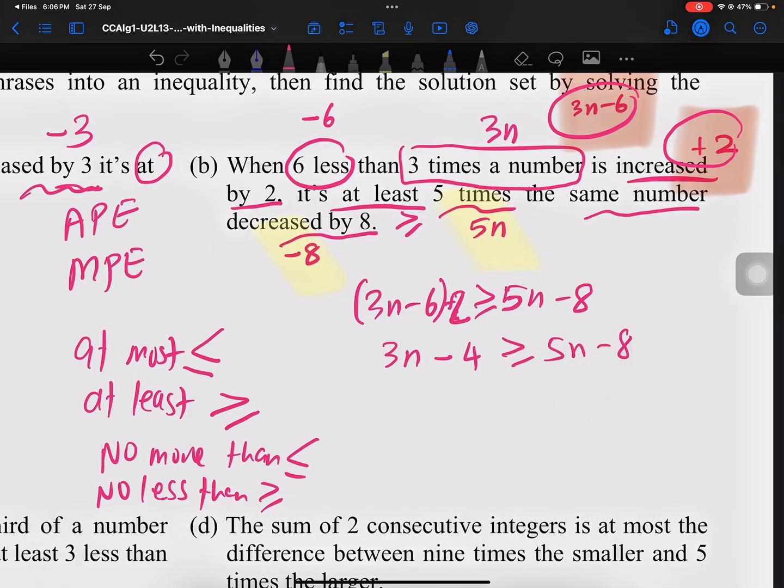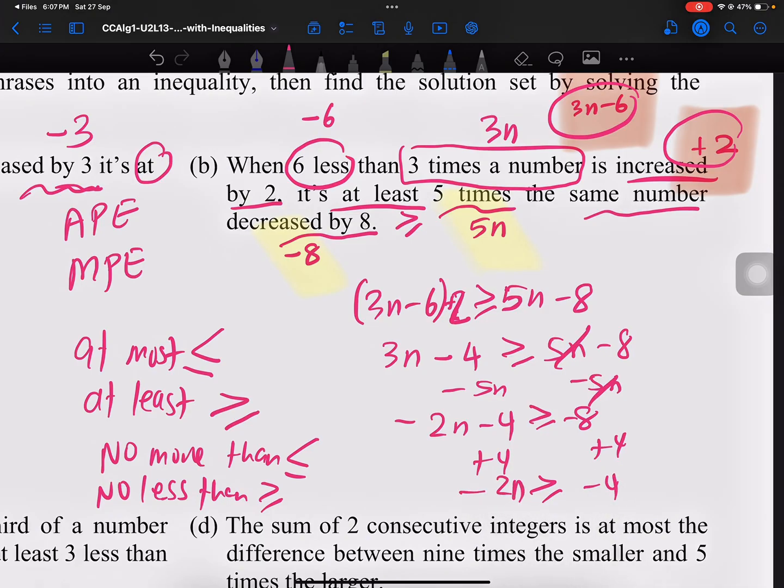And then you will minus 5n both sides. It gives you minus 2n minus 4 at least minus 6. Okay, and then you will plus 4 both sides. So it gives you minus 2n at least minus 2.